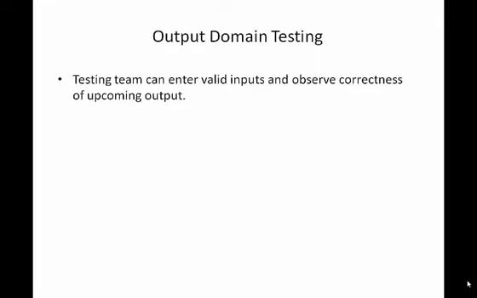If it doesn't show the details page, we can say there is an error in output. We are giving valid input, but it is not giving the correct output. It is called output domain testing.